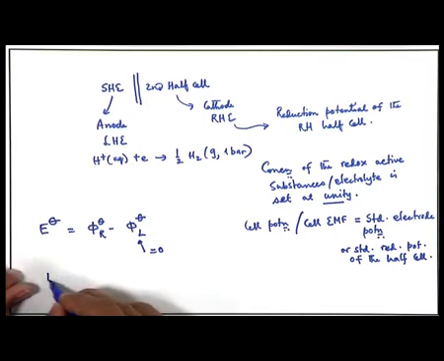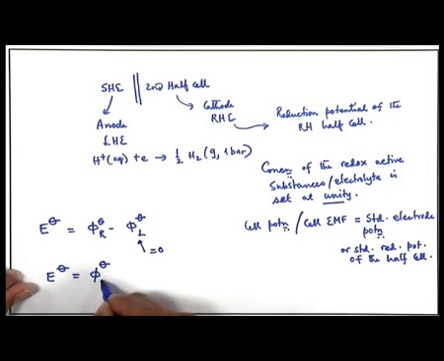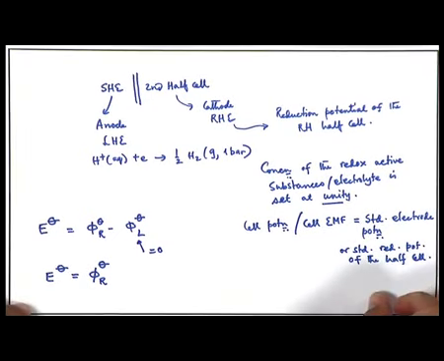So, therefore, E 0 bar is equal to phi 0 bar right. So, this way you can find out the standard reduction potential of the half cell whose half cell potential is not known.